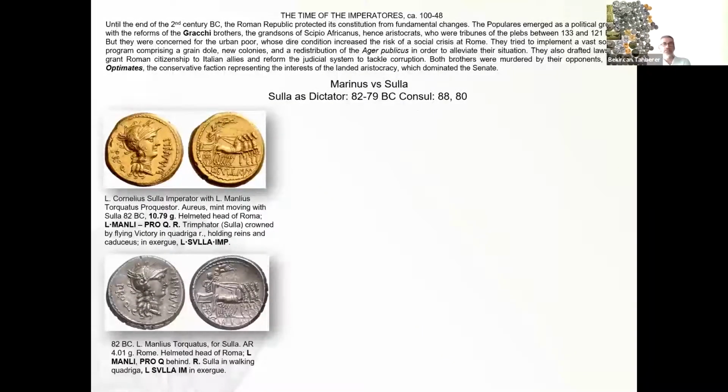And who represents the optimatus past? Sulla. And Sulla emerges from a conflict and eventually war with a very influential general and consul, Marius. The story is very nicely romanticized in a novel, which I recommend that you consider reading.